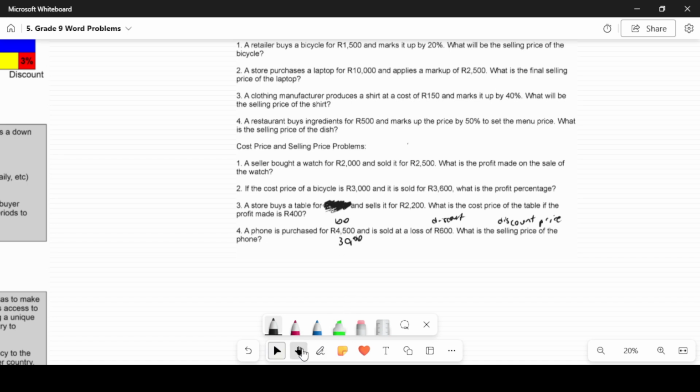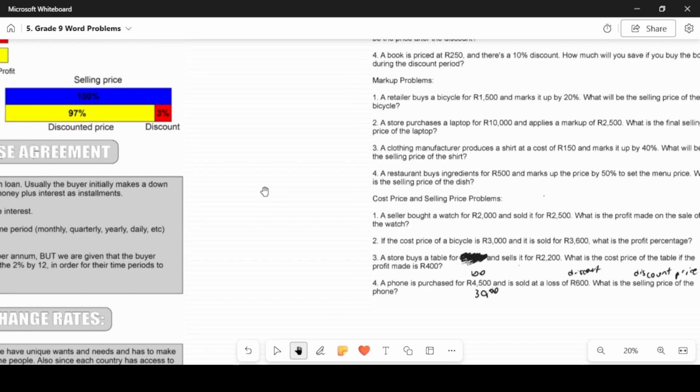But if they ask me what is the discount price as a percentage, then you'll say, right, I can solve this in two ways. I can say selling price over discount price is equal to selling price over discount price, right? So your selling price is 4,500 over your discounted price is 3,900, isn't it?